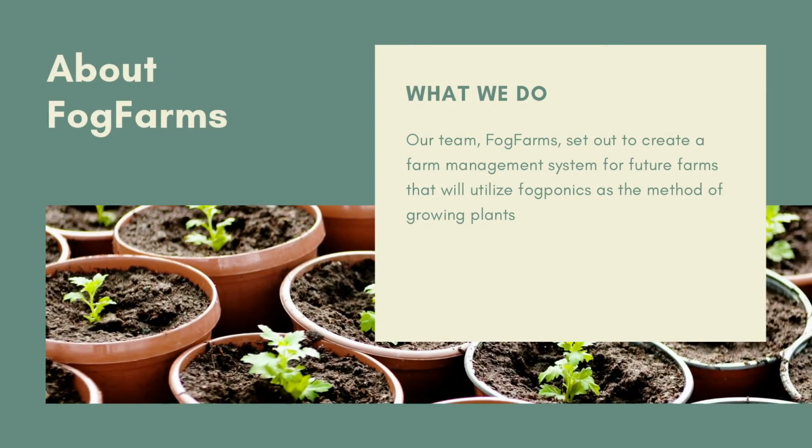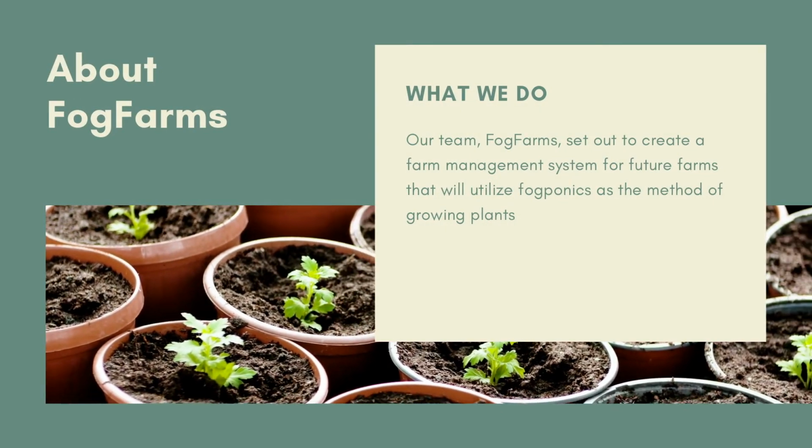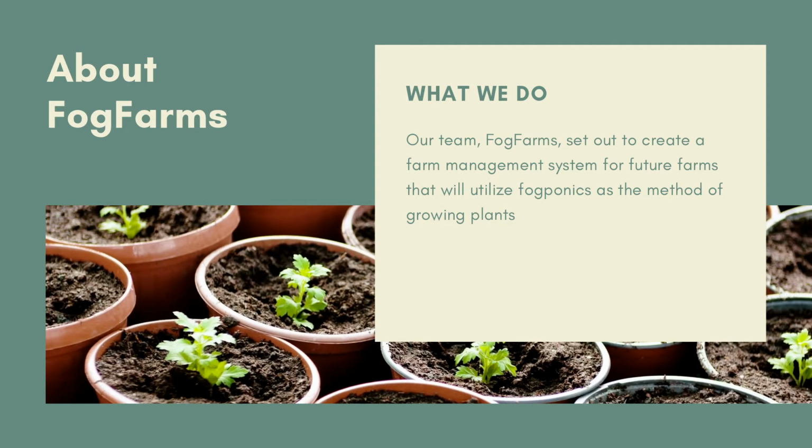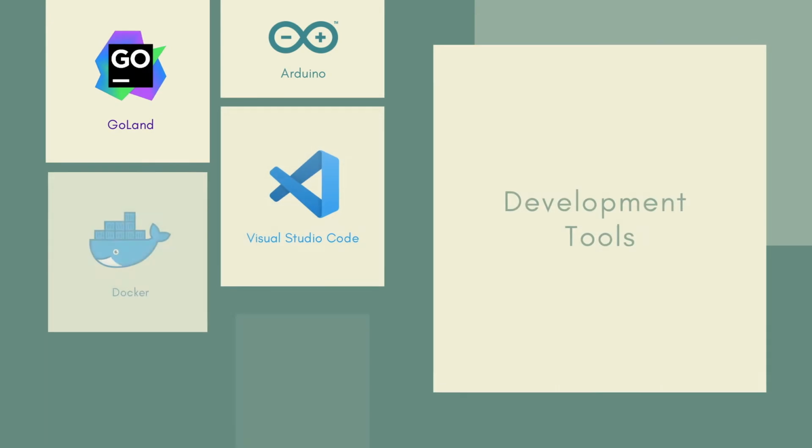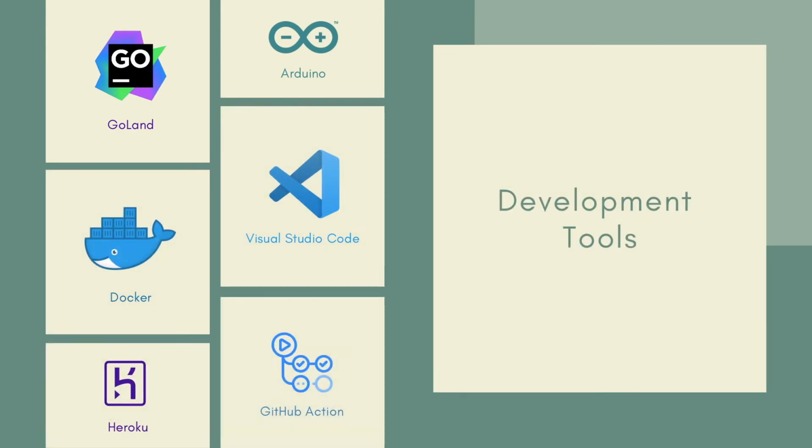Our team, FogFarms, has set out to create a farm management system for the future farms that will utilize fogponics as the method of growing plants and at the same time increasing the efficiency of the traditional farming methods. In order to achieve that, a variety of development tools were used. To develop the system, Visual Studio Code and Golang are the integrated development environments of choice, or IDEs.